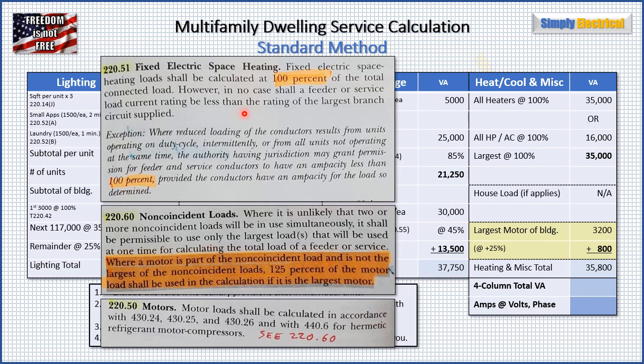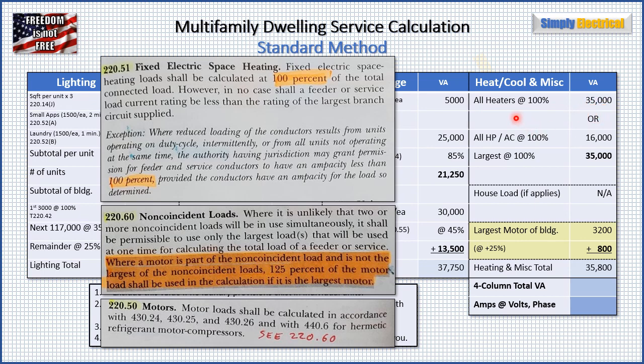But anyway, we take our fixed electric space heating loads at 100% of the total connected loads. So here we've got all heaters at 100%. That's 7,000 per heater times 5, which is 35,000.